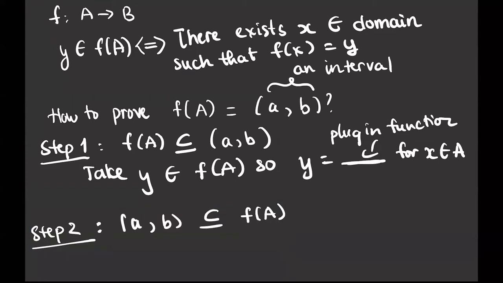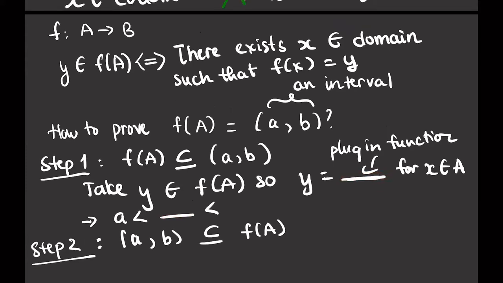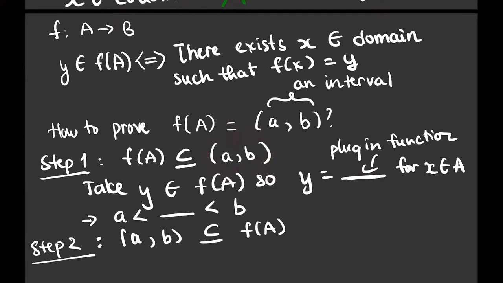Okay. And next step, we just need to prove that a is less than the expression that we write in here, and less than b, because it is the interval (a, b). If you have a square bracket here, then it will be less than or equal to. If you have a square bracket here, it will be less than or equal to in this place.